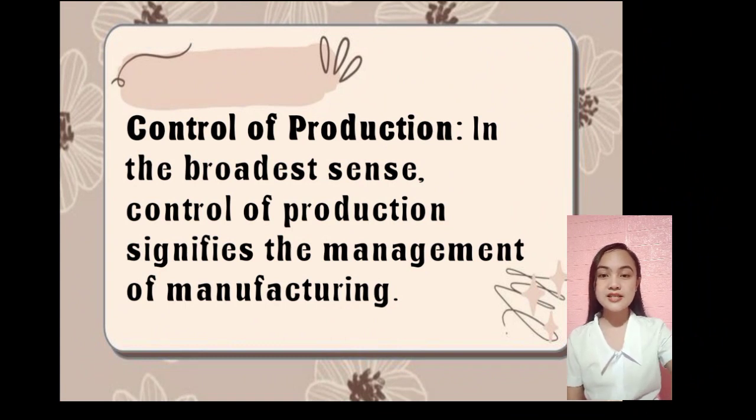In the broadest sense, control of production signifies the management of manufacturing. Primarily, it is concerned with the aspects of time, place, quality, and also quantity. Control of production uses all the information in dictating what is to be made, from what it is to be made, where it is to be made, and how it is to be made.